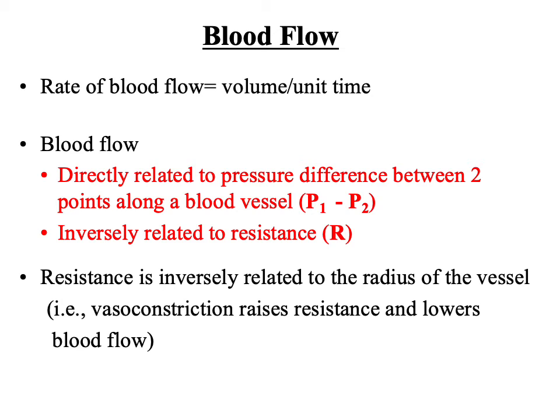So the inverse relationship is that as resistance, for example, goes up, blood flow goes down. They move in the opposite direction. As resistance goes down, blood flow goes up.